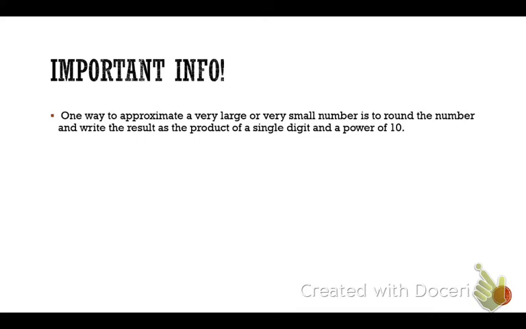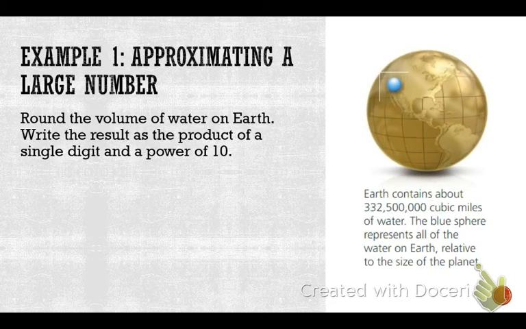Okay, so approximating a large number. The volume of water on Earth. I want you to think about that for a second. We're talking all of the water on Earth: oceans, lakes, rivers. Look at this number: 332,500,000 what?